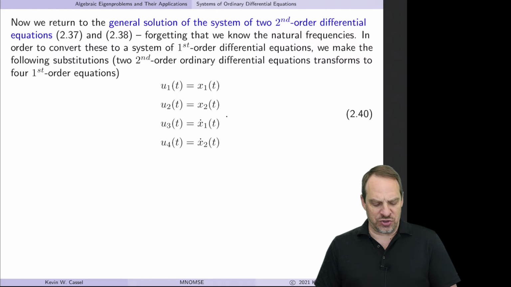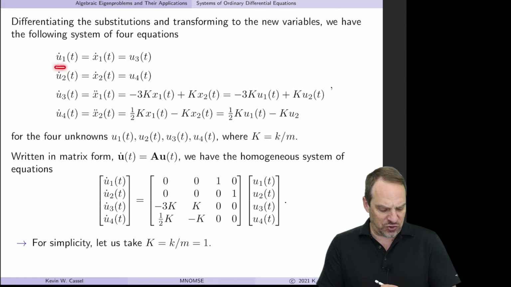Then to get the first order system, we simply differentiate these four equations. When we differentiate the first one, we have u1 dot is equal to x1 dot, but x1 dot is just u3 from our substitution. u2 dot is equal to x2 dot, but x2 dot is equal to u4, again from our substitution on the previous slide.